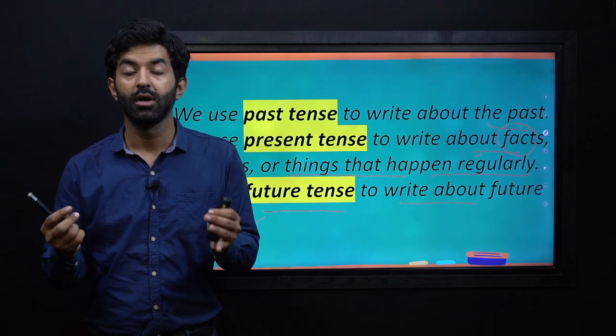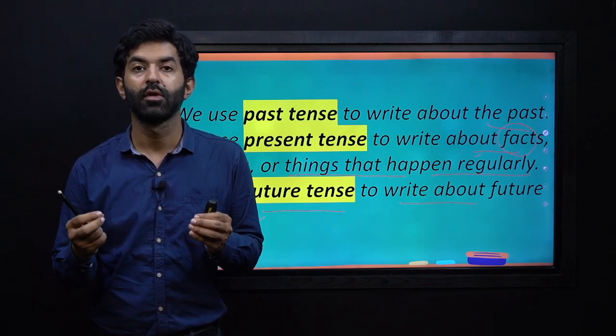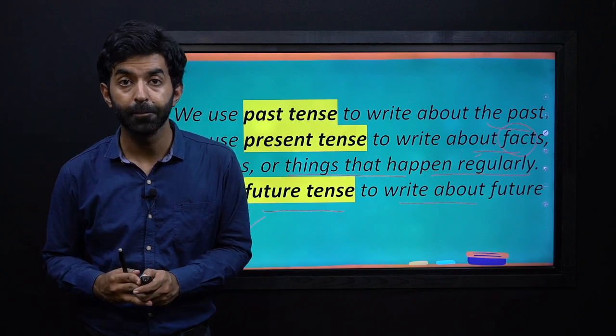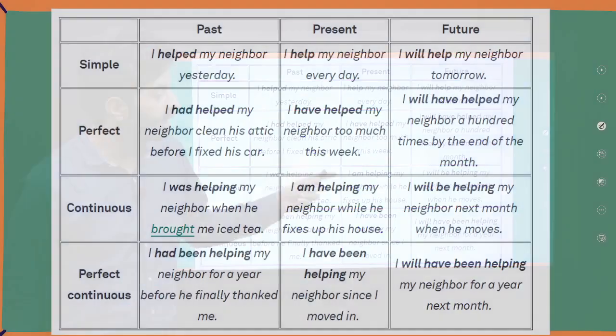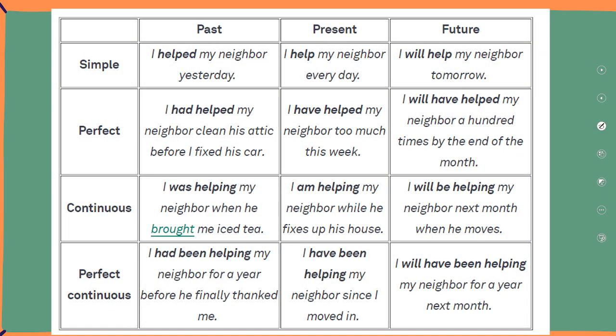Now, the usage and the function of the tenses are clear. Students, here is a chart that talks about the three tenses: past, present, and future, and all of their variations. They can be in the simple form, in perfect, in continuous, and in perfect continuous.